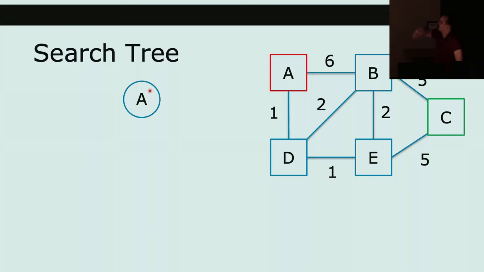For example, you may have the distance that I've traveled so far. That may be something you want to keep track of. You may have the parent node of this so that you can backtrack and get the path. But these circular nodes over here are different than these square states over here. That's the important part to notice.